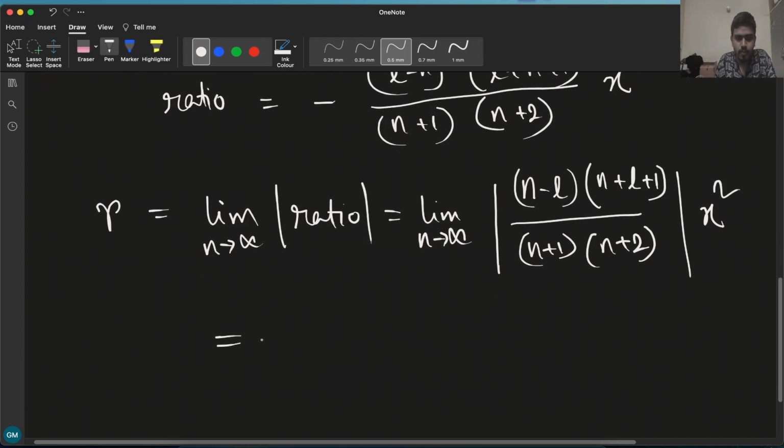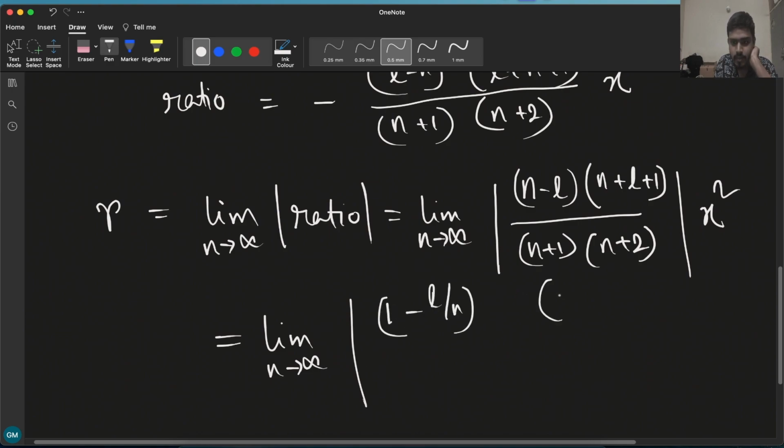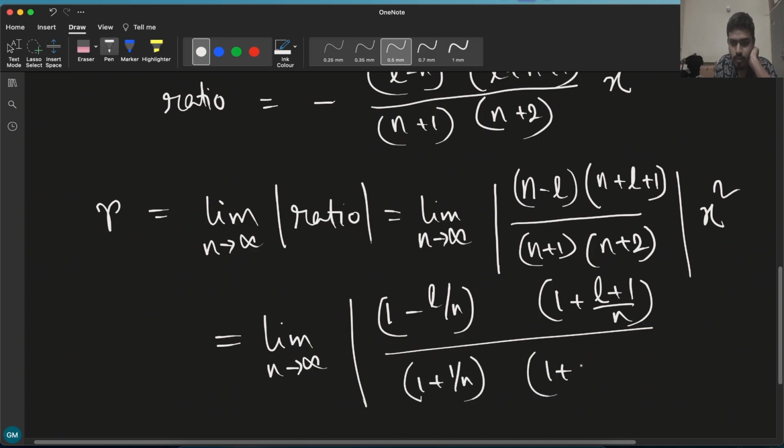It becomes the limit of (1 minus L by n)(1 plus (L plus 1) by n) divided by (1 plus 1 by n)(1 plus 2 by n), times mod x square.